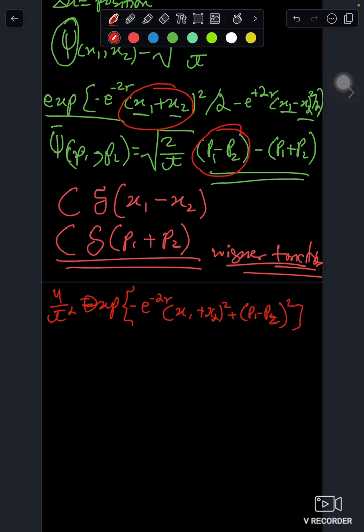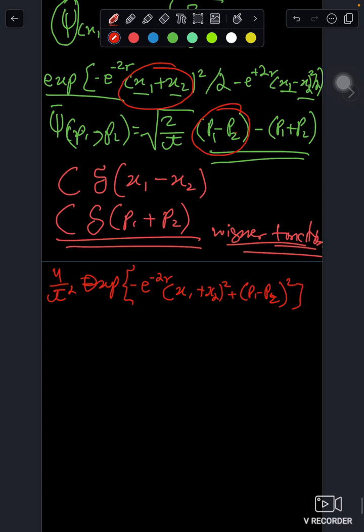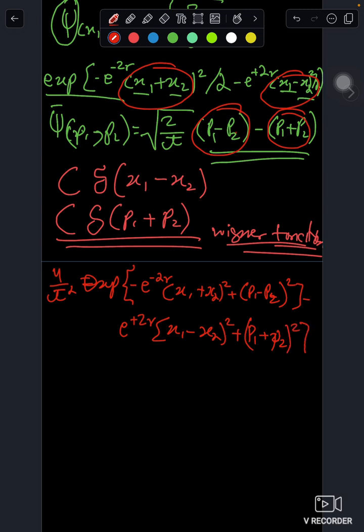This is our first one, taking the x1 plus x2 of the first one and p1 minus p2 of the second one. This is the first one we made, with subtraction to x1 minus x2 of the first one squared plus p1 and p2 of the second one, then that's it. We just made two of them.